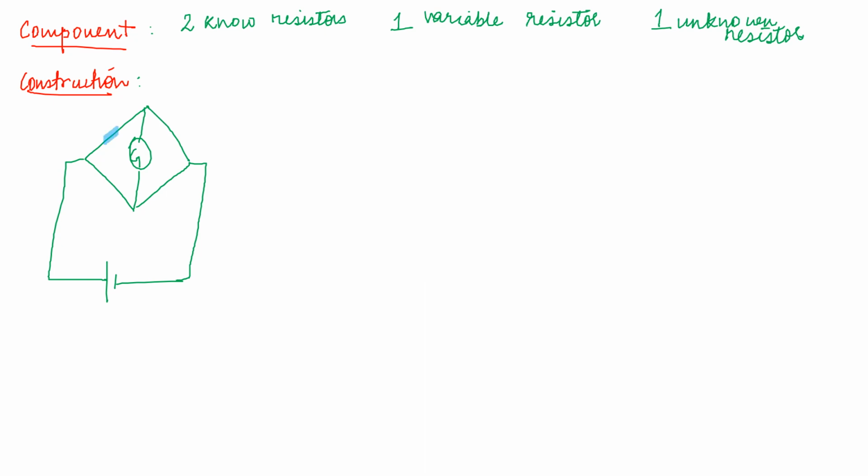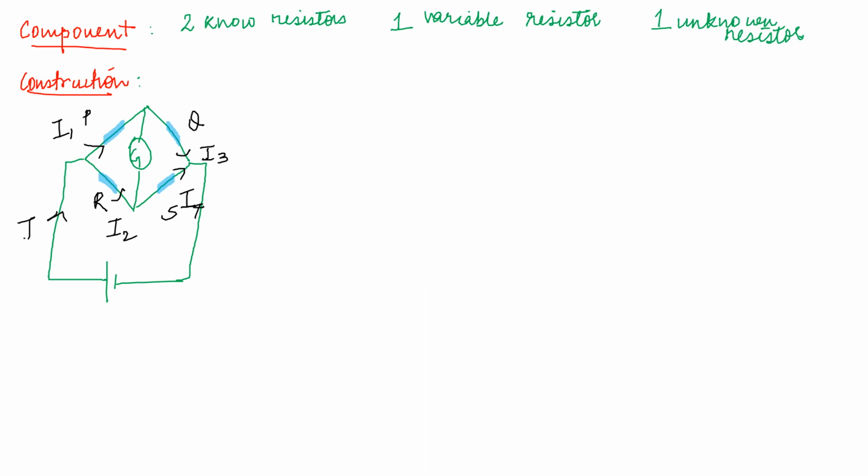I will take here one resistance, second resistance, third resistance and the fourth resistance, and I will name them PQRS. Here current flowing is I1, here current flowing is I3, here I2 and here I4.